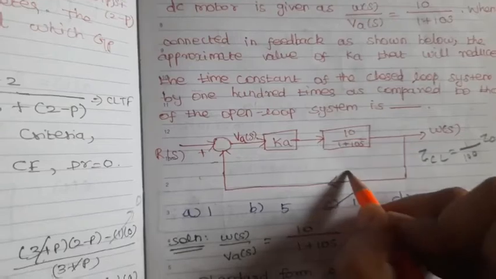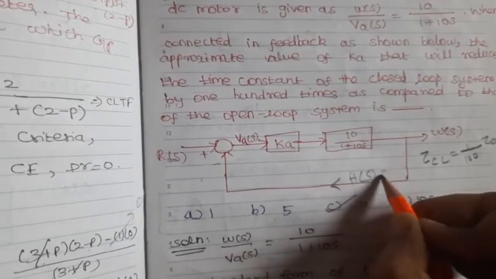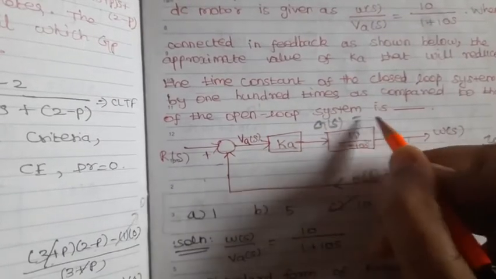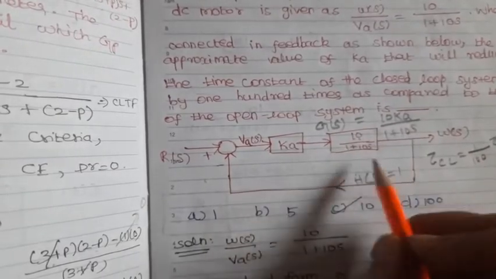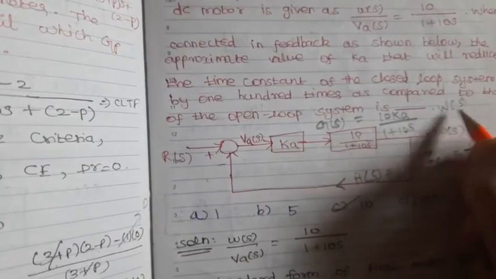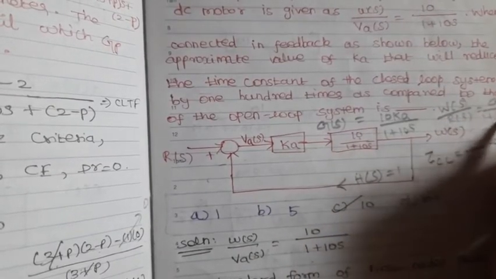Whenever it is not mentioned, we can take the H of s value as 1. So it is G of s. G of s is Ka into 10 divided by 1 plus 10s. Okay. So what is the closed loop transfer function? W of s divided by R of s is equal to G divided by 1 plus GH.